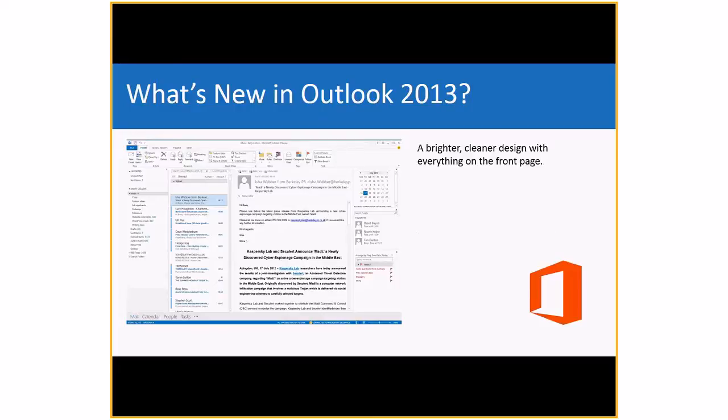Okay, so one of the things you'll see is a brighter, cleaner design, and they wanted to put everything that you need on one page. So you're going to have your folders, you can have your previews of what the email is, who it's from, and the subject, and maybe the first line of it. You can see the entire email here, and then you also have your favorites.